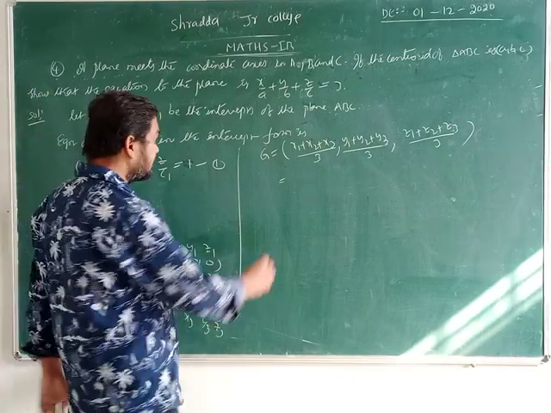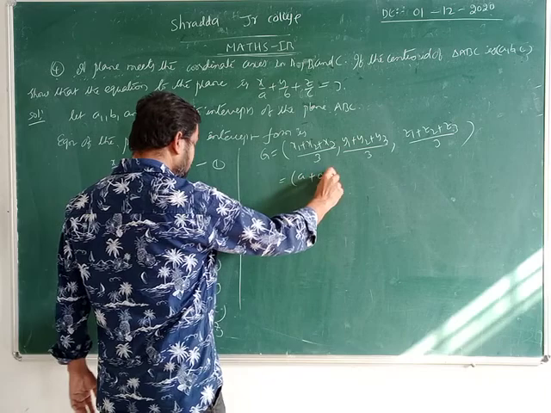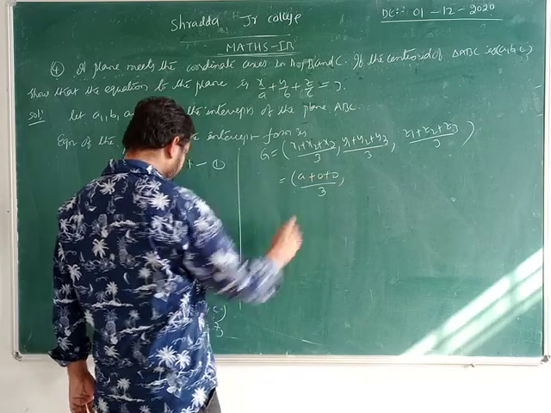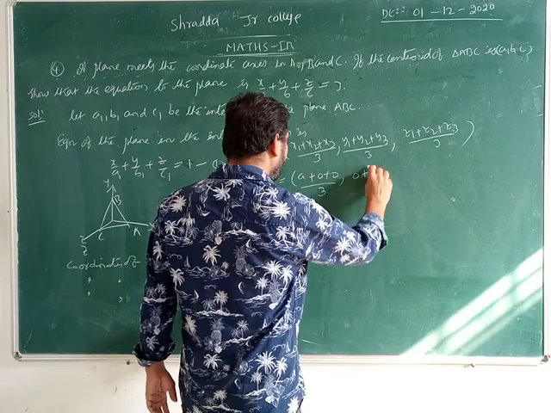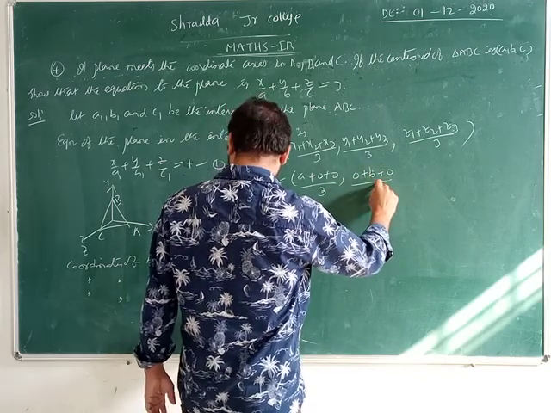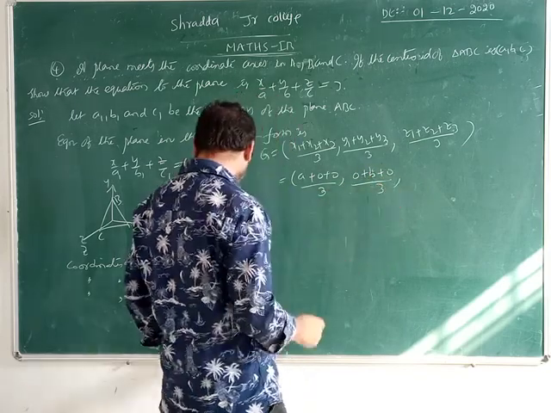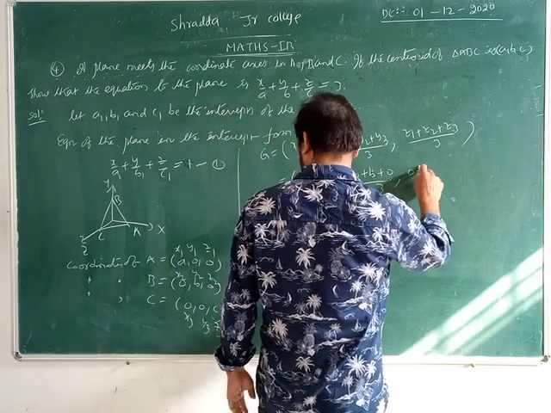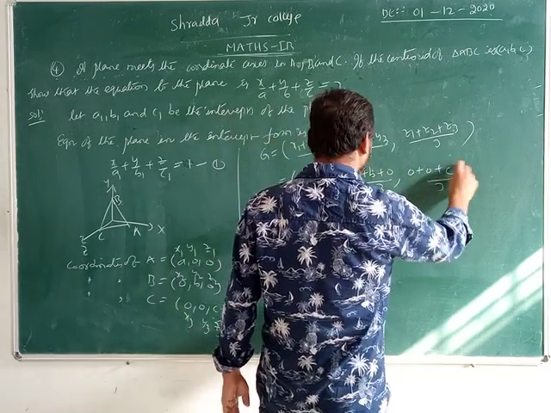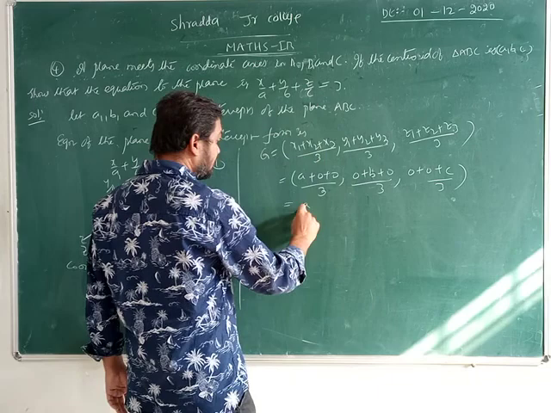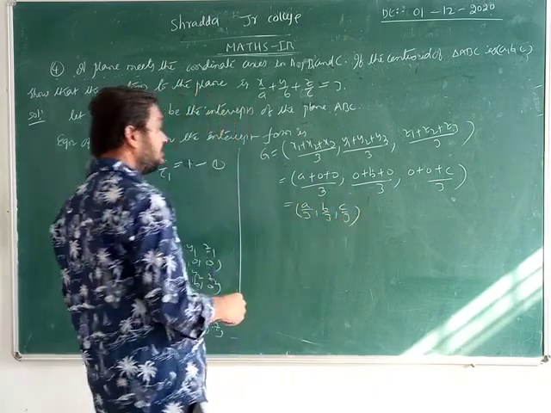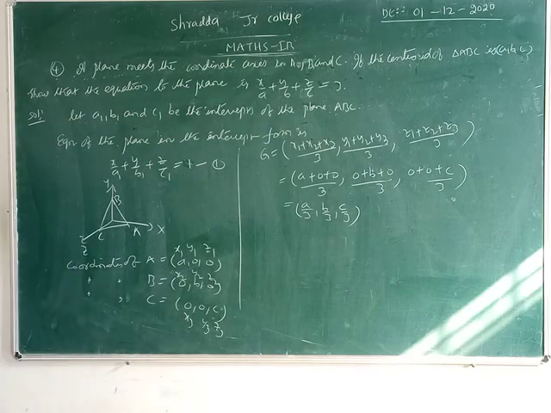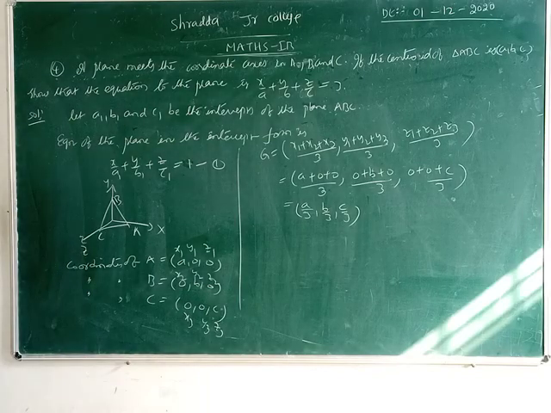What is x1 here? a plus 0 plus 0 by 3. What is y1? 0 plus b plus 0 by 3. And z1? 0 plus 0 plus c by 3. That is a by 3, comma b by 3, comma c by 3. So this is the centroid.